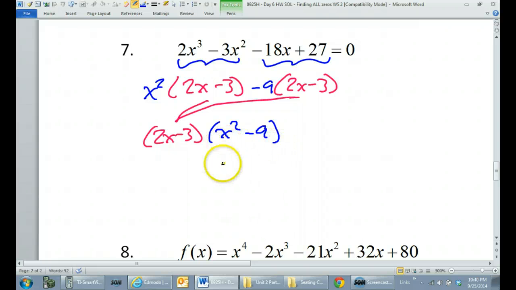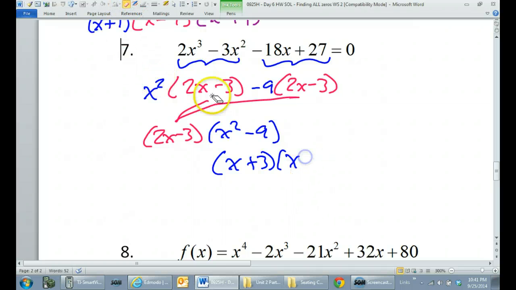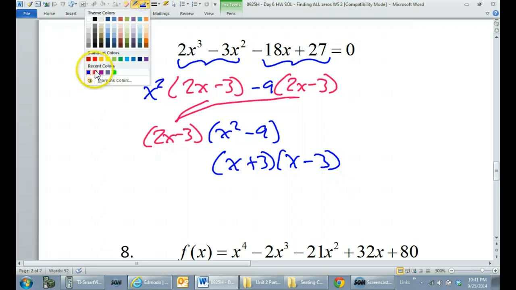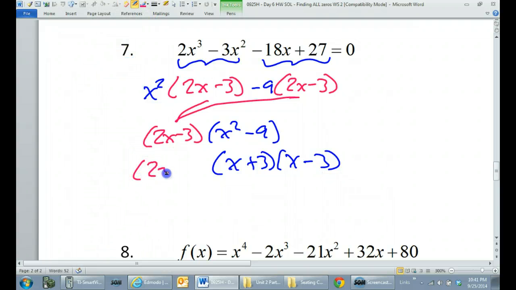And then x squared minus 9 is further factorable as x plus 3 times x minus 3.